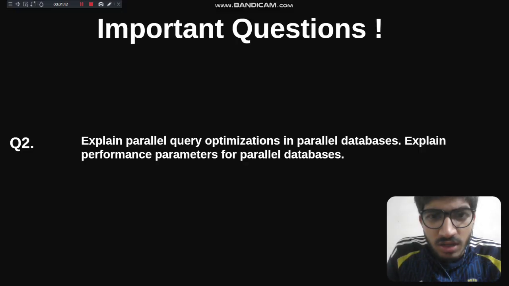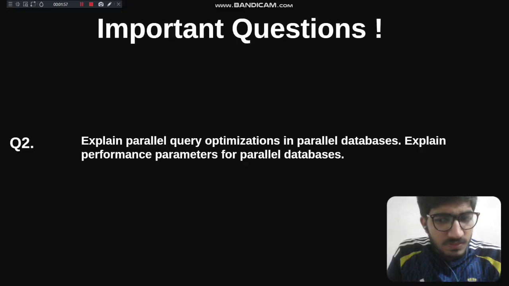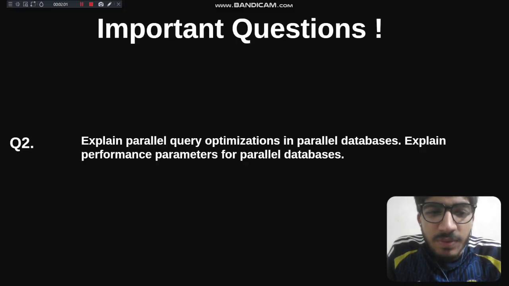A. Intra-operator parallelism. A single query operator like join is parallelized. Example: each processor joins part of the data. The benefit is significant speed up. B. Inter-operator parallelism.